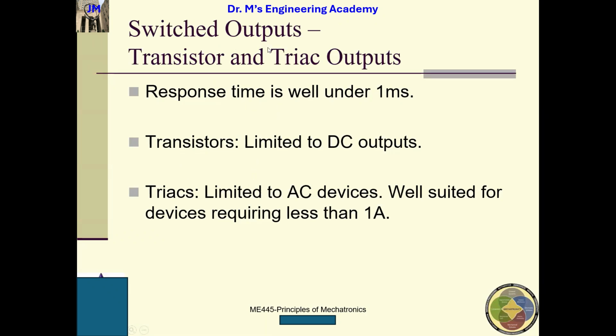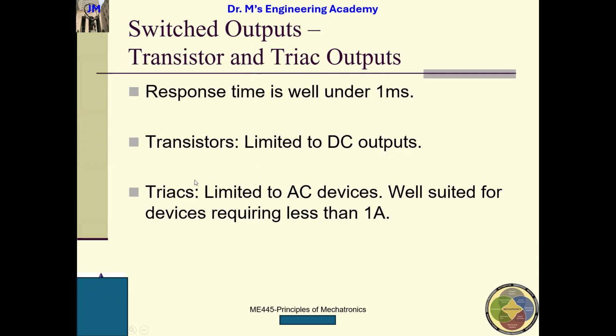So these are the switch outputs, transistor or triac outputs. If you use a transistor or triac, the response time is well under 1 microsecond, so this is very short. Transistors, NPN and PNP, are limited to DC outputs.